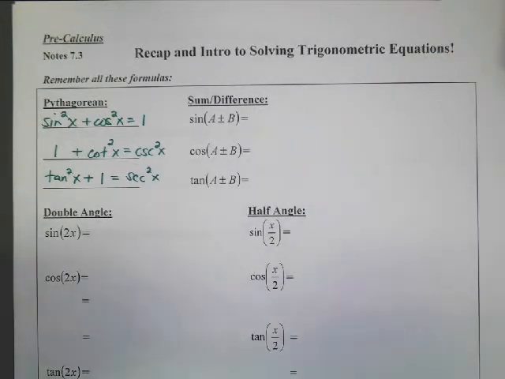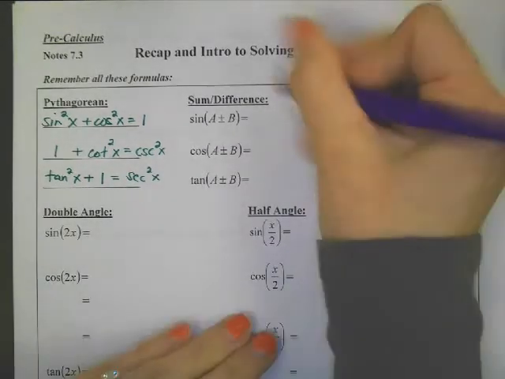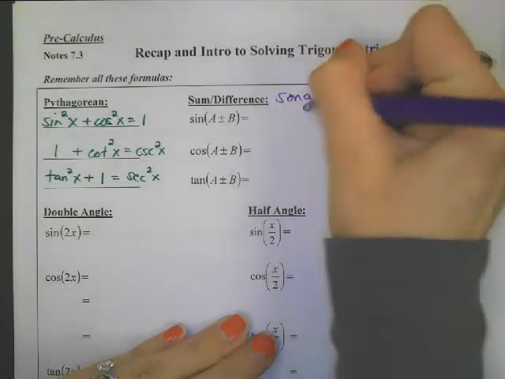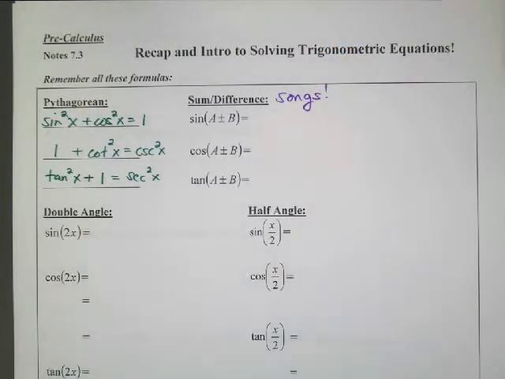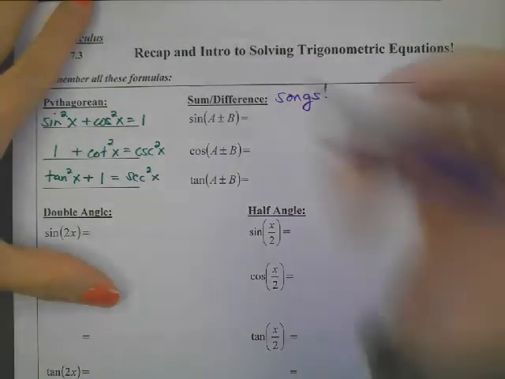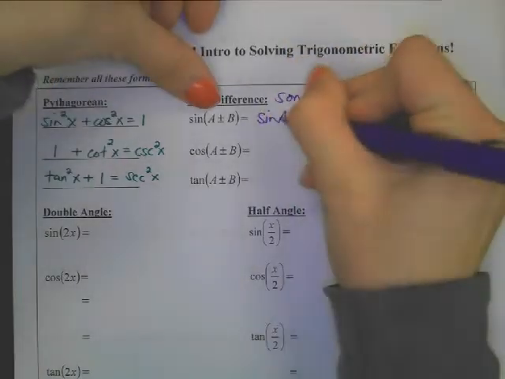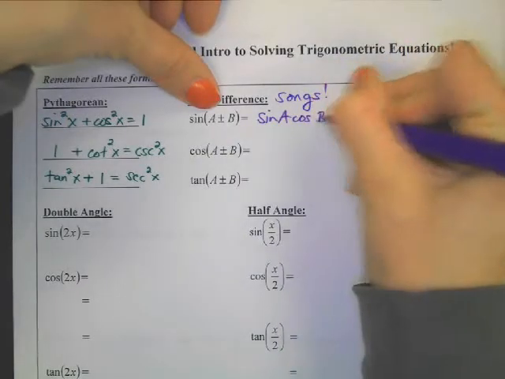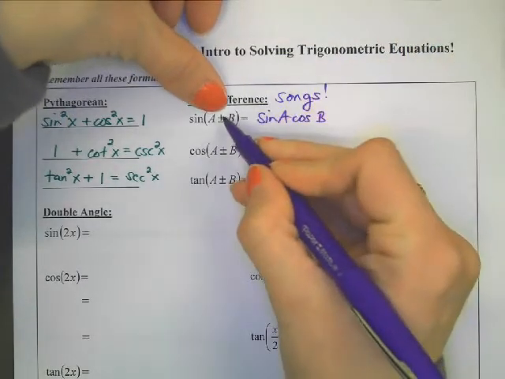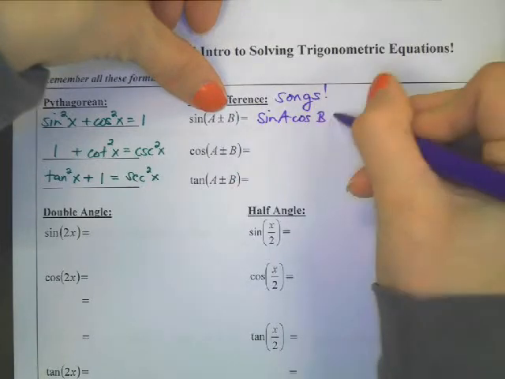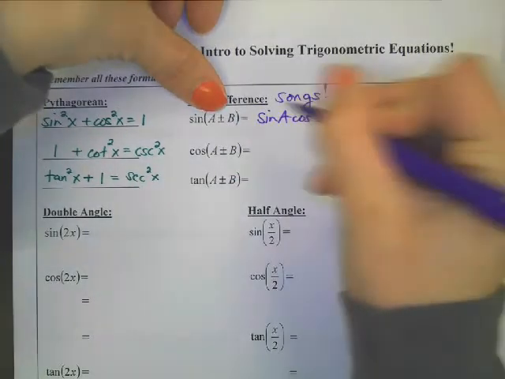The sum and difference formulas. These are our songs. So go ahead and take it away. Sine, cosine, cosine, sine, cosine, cosine, sine, sine. And remember, it goes A and then B. If it's plus and then minus, it's plus or minus.